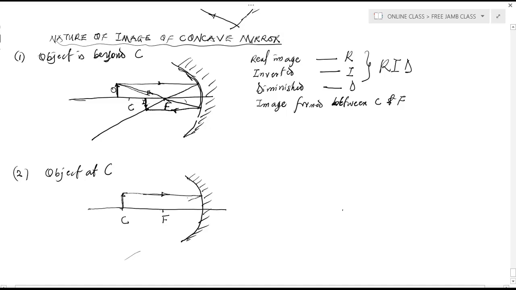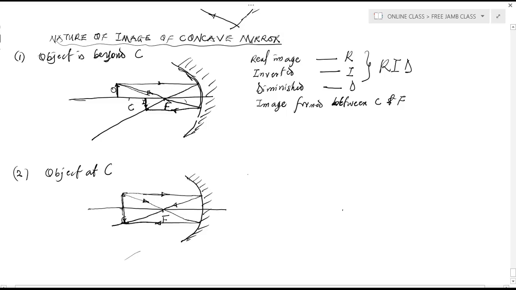Then it reflects back along the line to F. You draw again through F. It reflects back to that place. The arrow back. Consider F is important here. So the image is downward here.